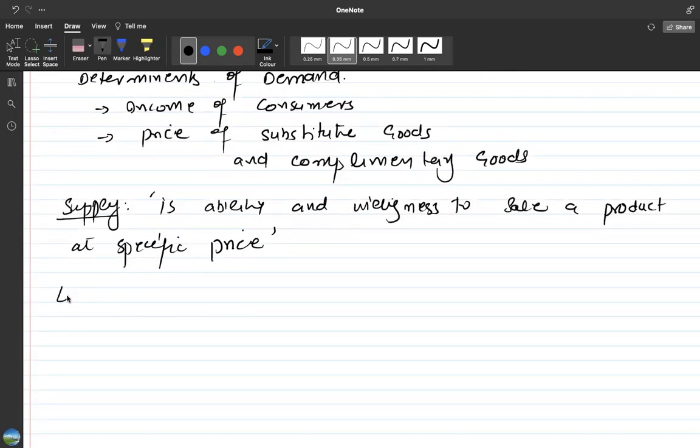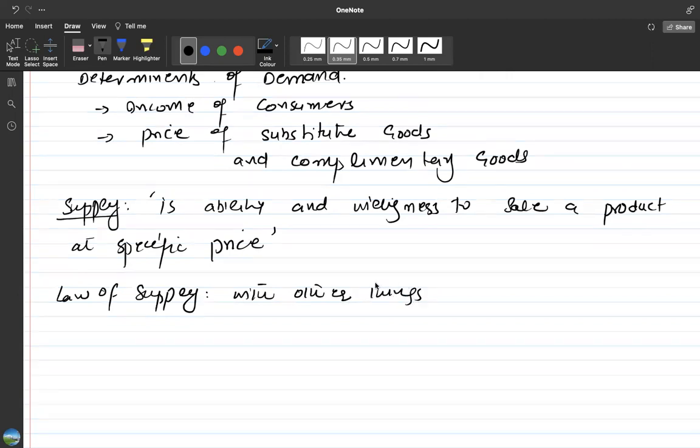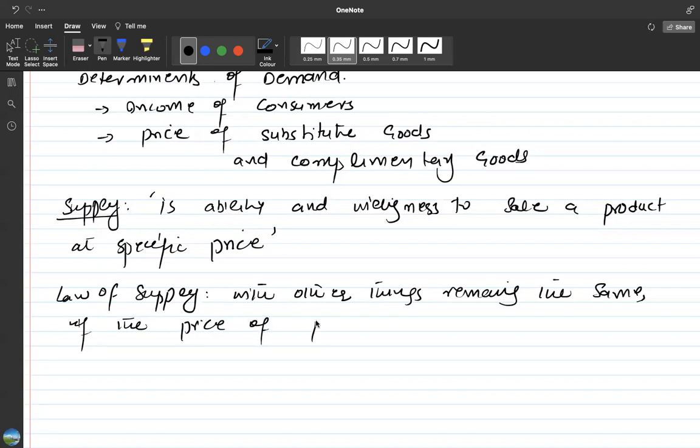We have a law of supply too. That is, with other things remaining the same, if the price of a product rises, quantity supplied also rises.